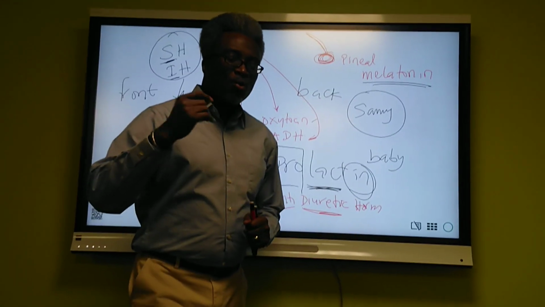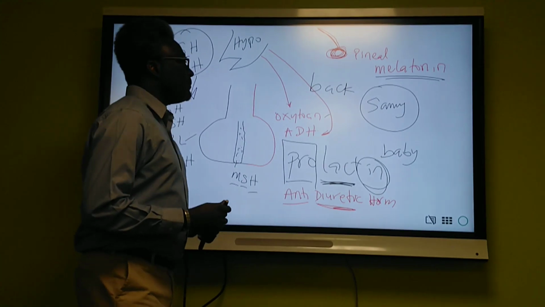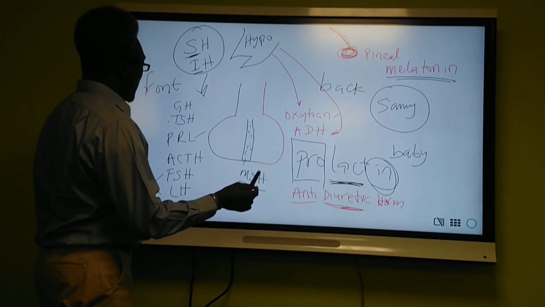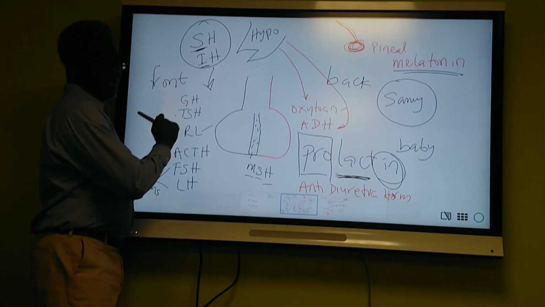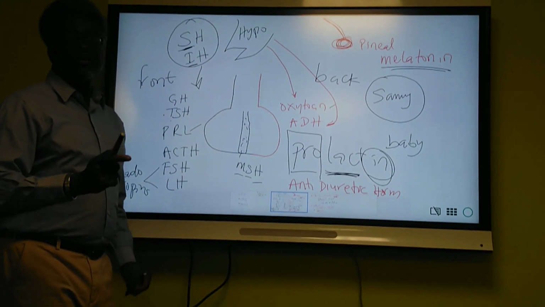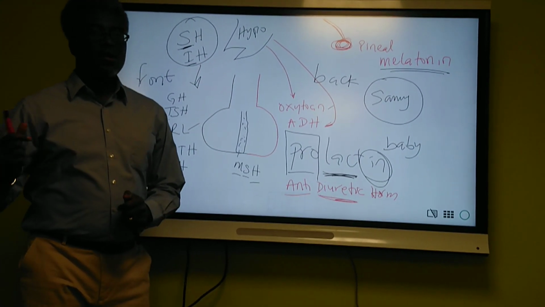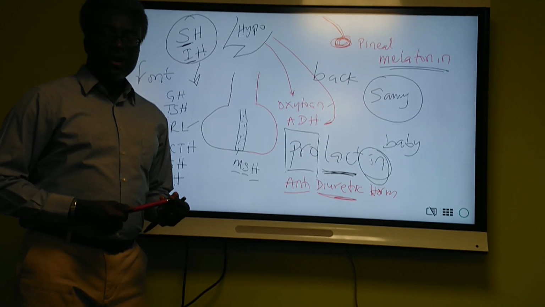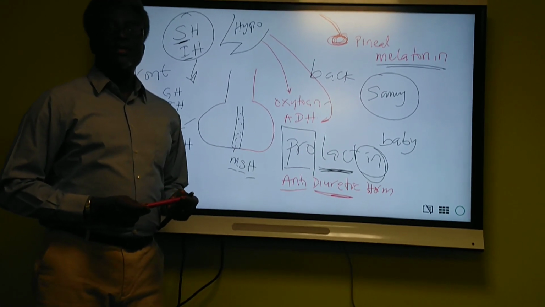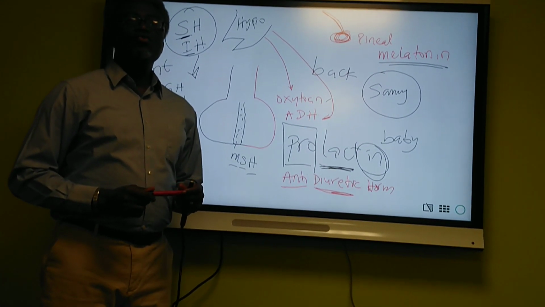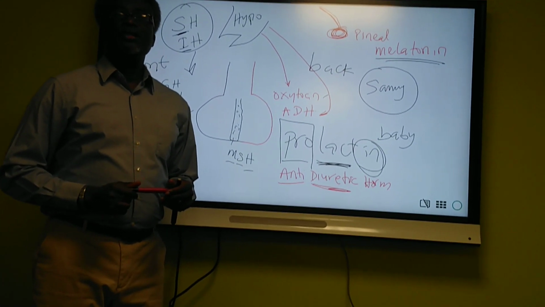But the rate at which she grows is regulated by, or it is facilitated by, thyroid stimulating hormone. Thyroid stimulating hormone goes to the thyroid gland. In the thyroid gland, it causes the release of thyroxine. Thyroxine is the drill sergeant of the body.